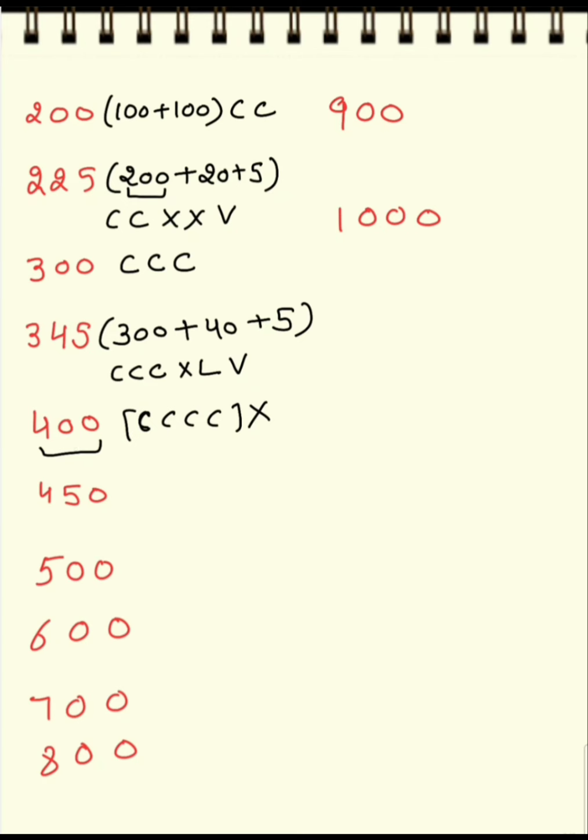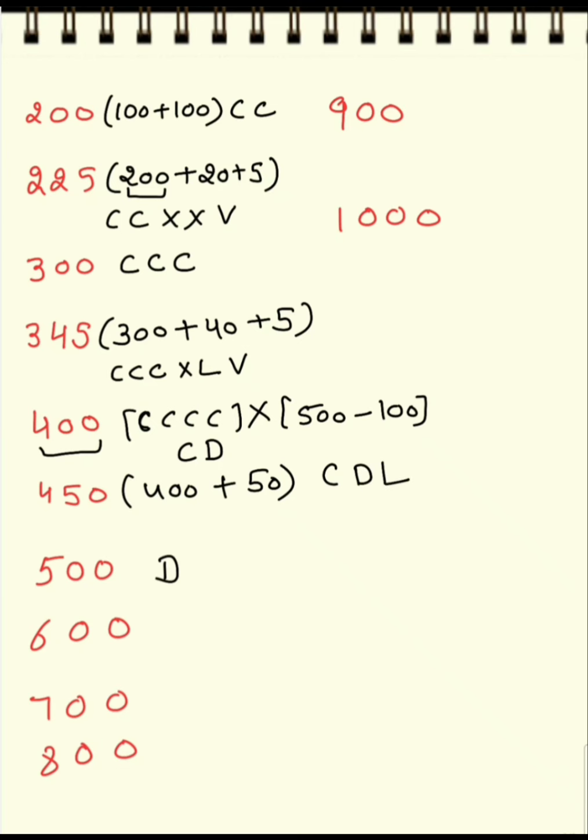We know the symbol for 500 is D. So this will become 500 minus 100. So we can write this symbol as C and D. Okay. And 450, 400 plus 50.